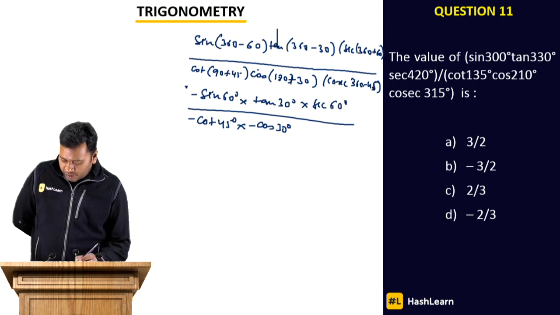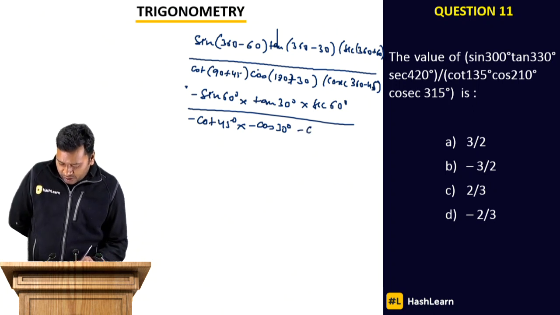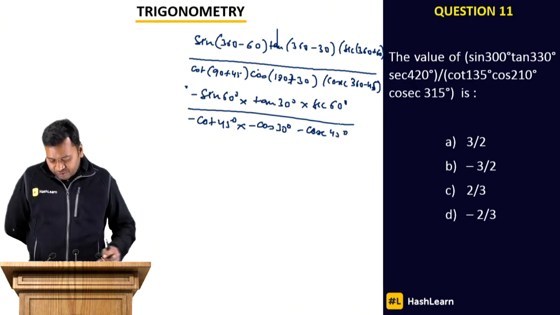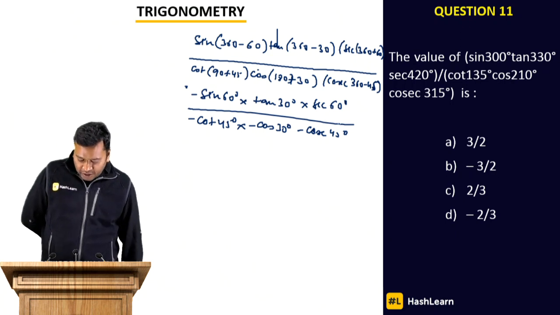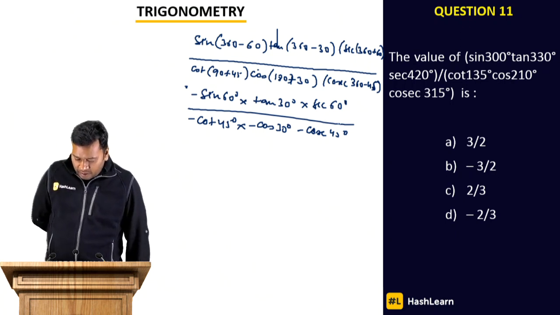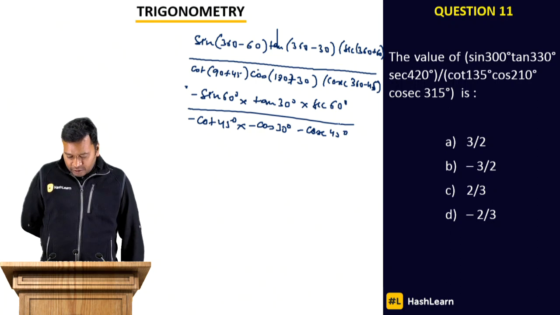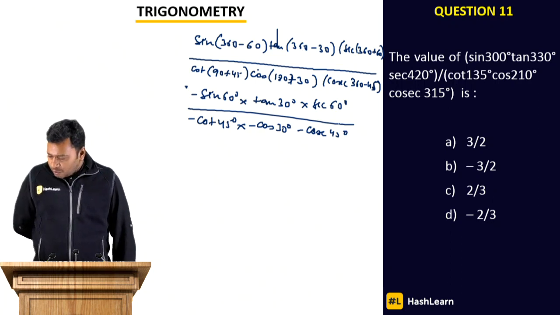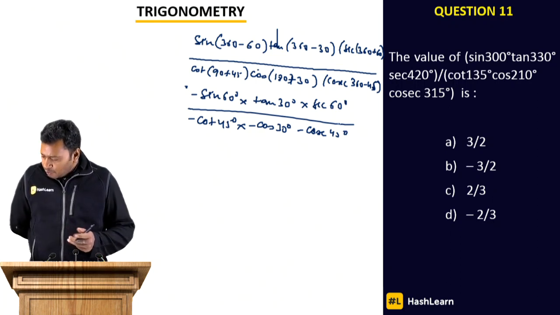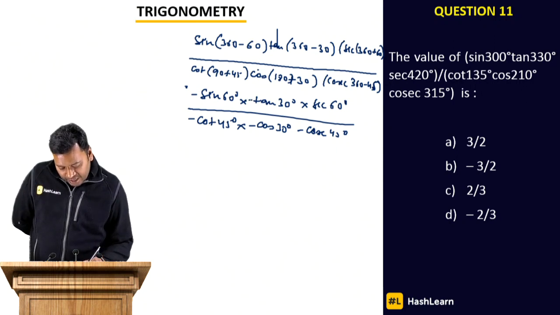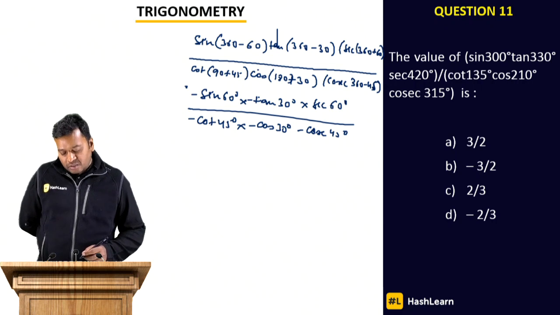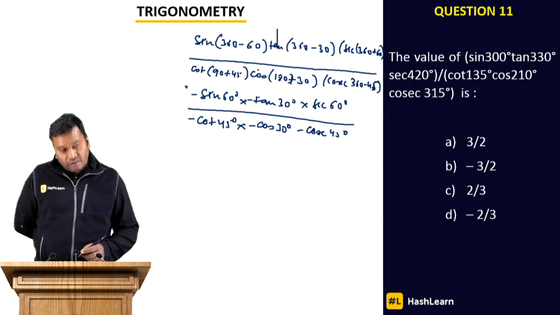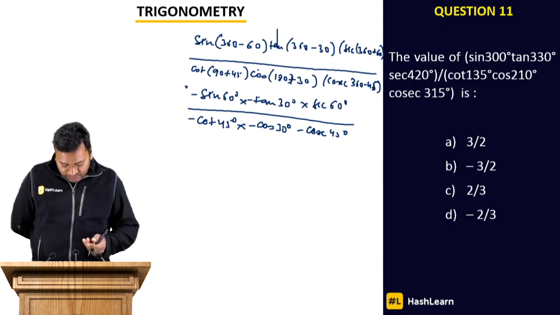That means it has to be a negative value here, right? So minus cosec 45 will be the value here. So these are my values possible. So let's try to check, right? So now what were the values here? My values were negative and negative. I forgot to put the negative sign here. Tan 360 minus 30 will be nothing but a negative value here, right?